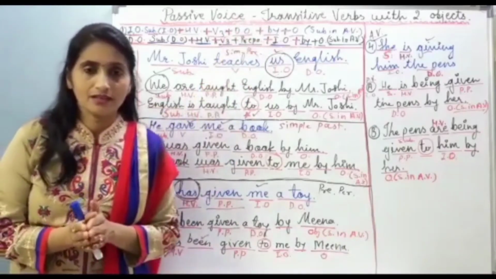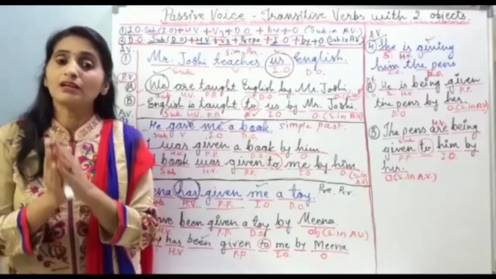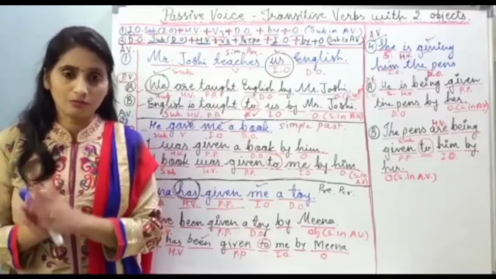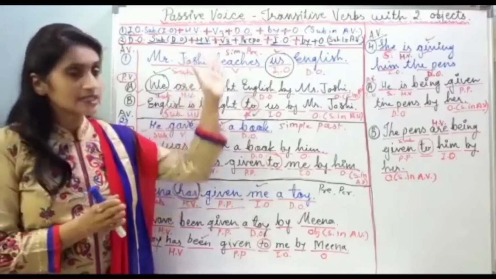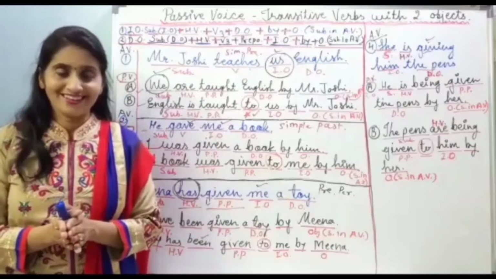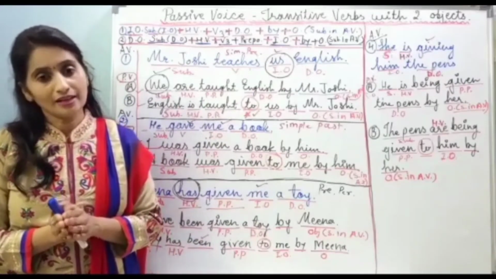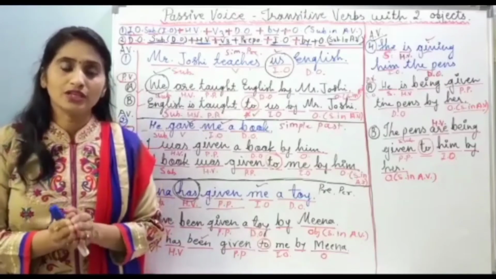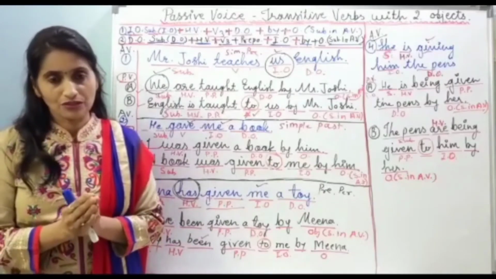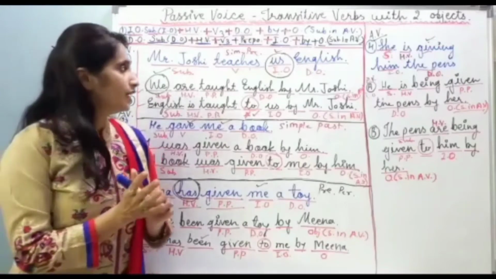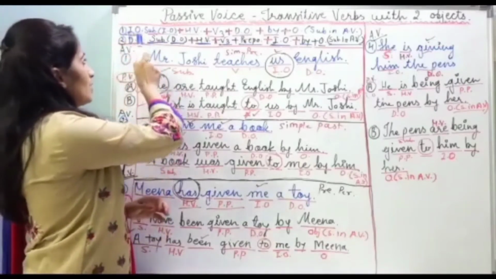The sentence with two objects we can convert in two ways without changing the meaning: first, by using the direct object first, and second, by using the indirect object first. Let us see the structure.